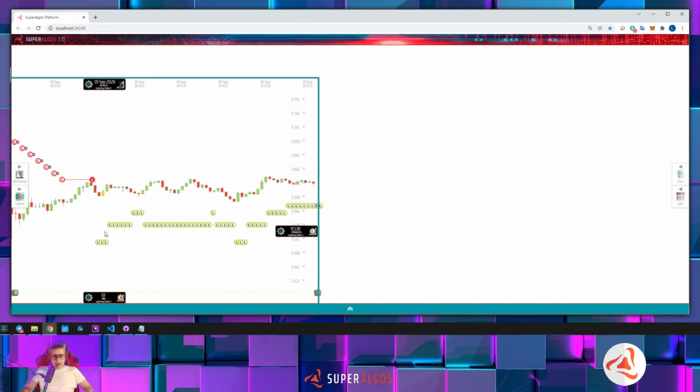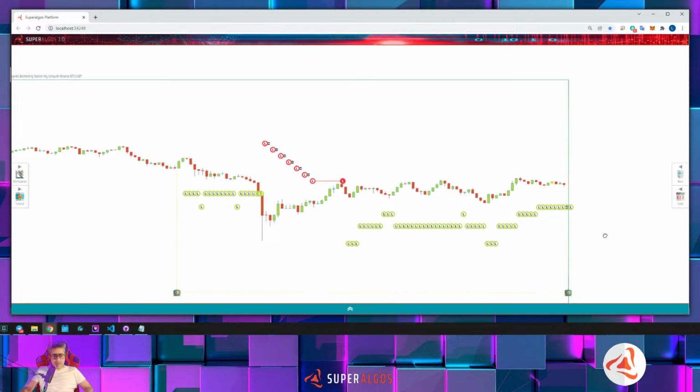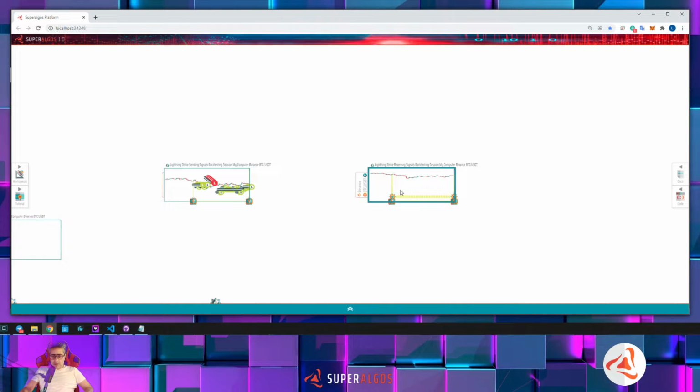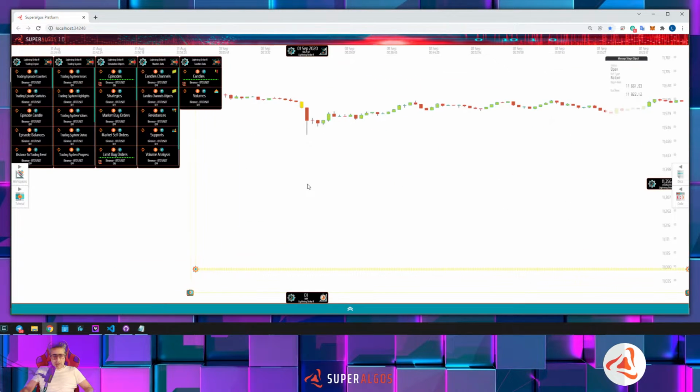Okay, the bot sending the signal looks good. It's doing its job. The bot receiving the signal doesn't look good.